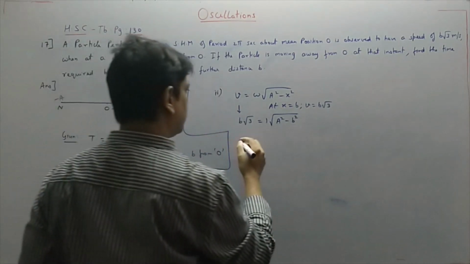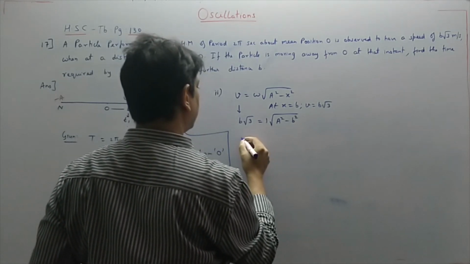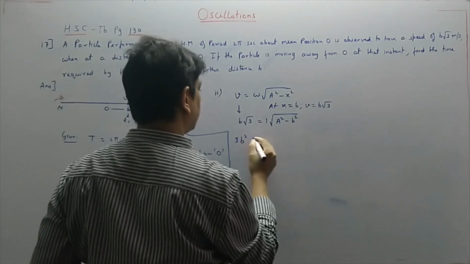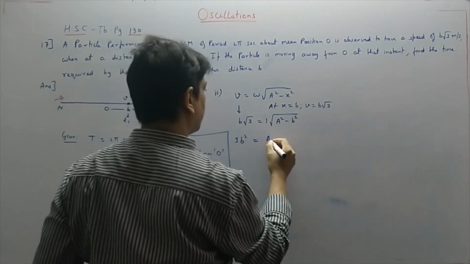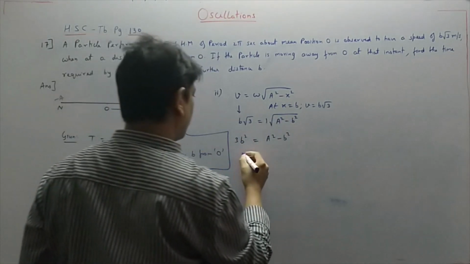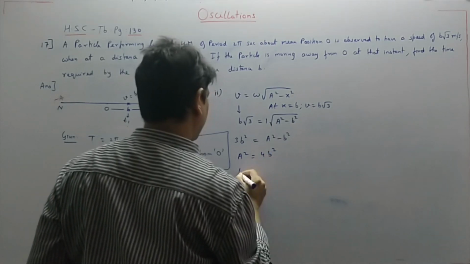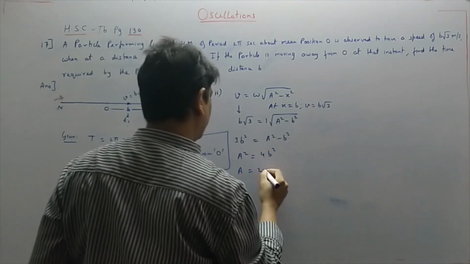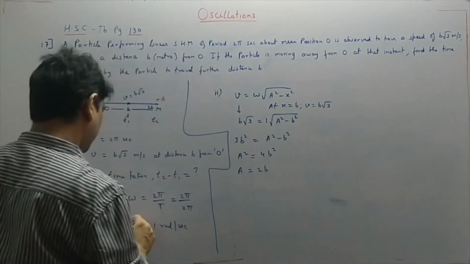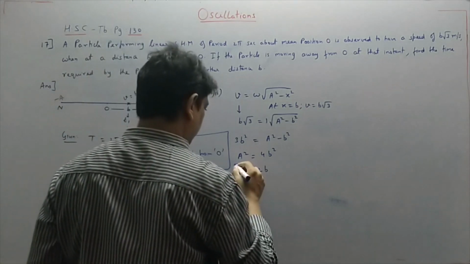So when we calculate this, squaring on both sides, b square into 3, 3b square, is equal to a square minus b square. So a square is 4b square and a is 2b. So we got omega is 1 radian per second, and the amplitude is twice of b.